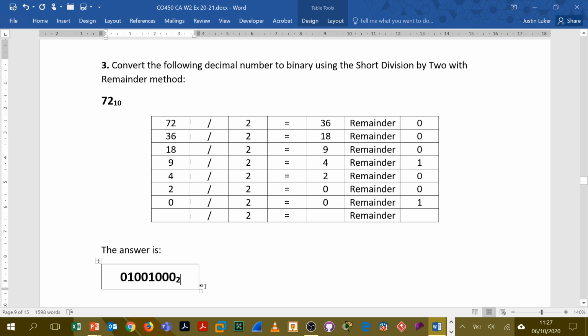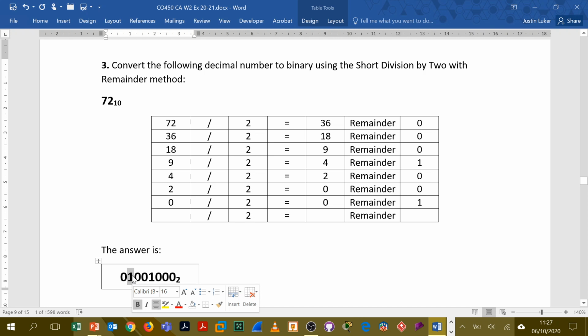And again, we could use positional notation or our doubling method in order to work that out. It would be the way to go back from that. So it's actually quite easy, this one. If you use positional notation, you'll see that this bit is 2 to the 6.